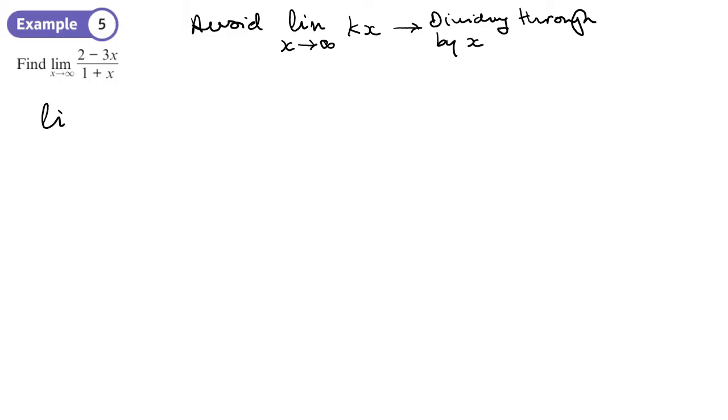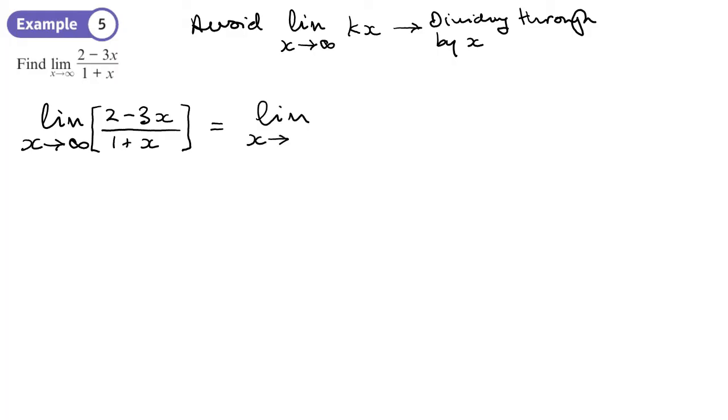So finding a limit as x tends to infinity of 2 minus 3x over 1 plus x is equivalent to the limit as x tends to infinity. If we divide every term through by x, then we'll have 2 over x minus 3x over x. Let's write that down, and I'll simplify in a moment.